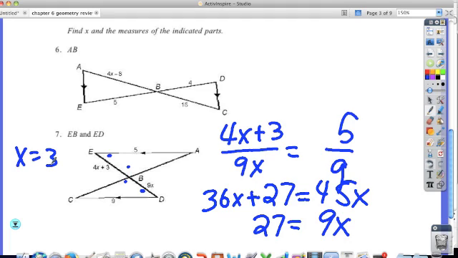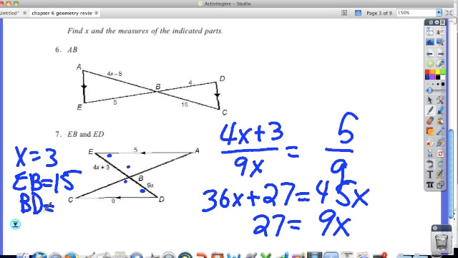So that means that EB is 3 times 4, plus 3, and BD is 9 times 3, right?